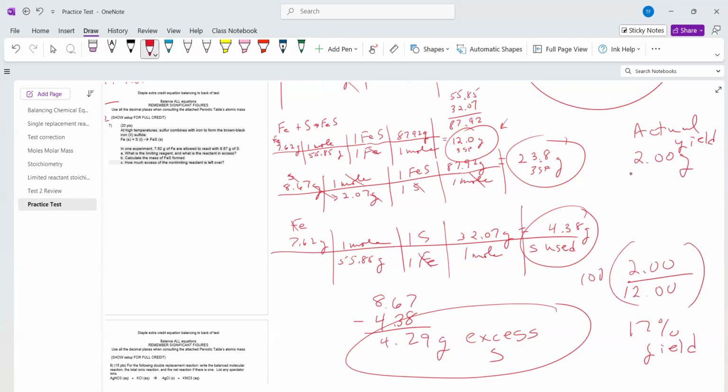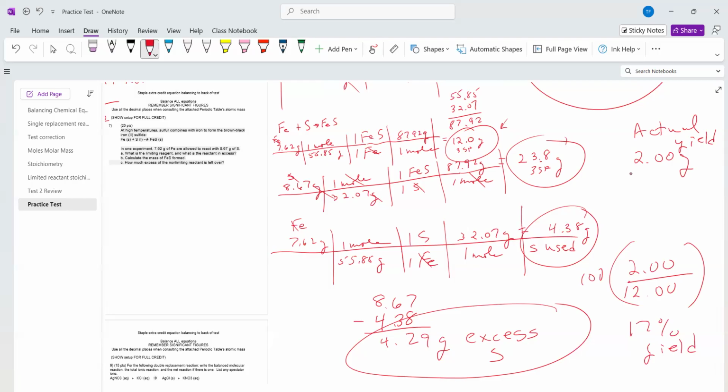On the top, the actual, and then divide them.